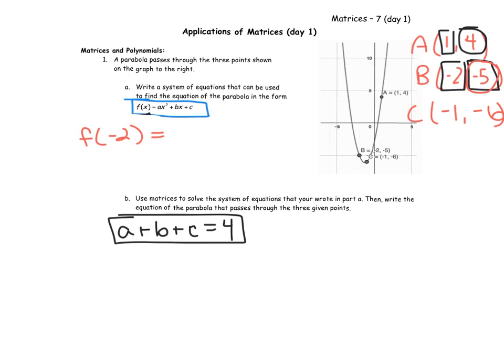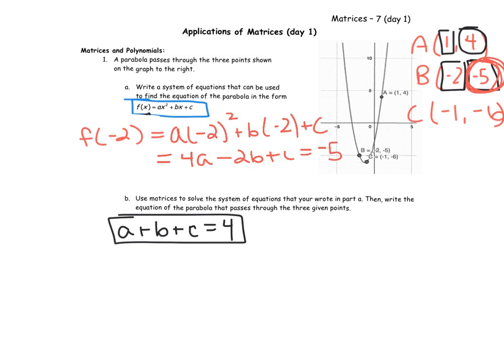So I have a times -2 squared plus b times -2 plus c, and this whole thing equals -5. I have 4a plus -2b, so we're just going to write minus 2b plus c equals the output, which was -5. So there's my other equation, and I'm going to write that below here. I have 4a minus 2b plus c equals -5.